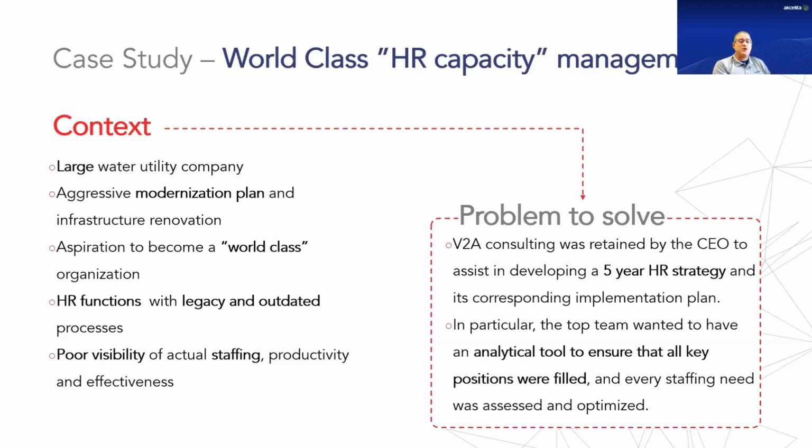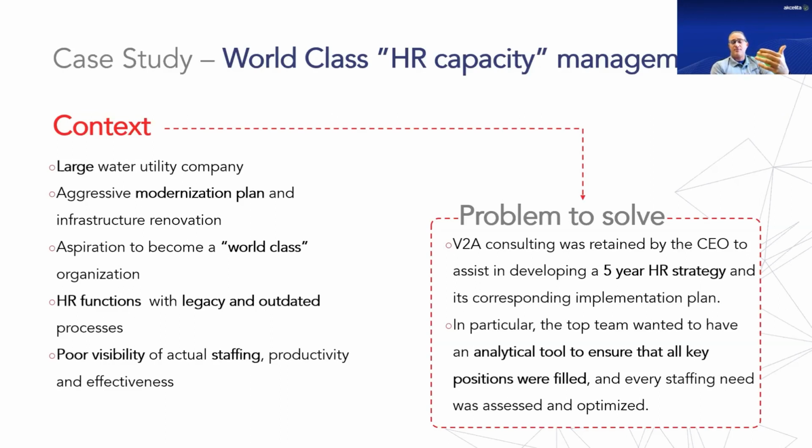But in parallel, the CEO had the aspiration to become a world-class organization. And one of the things that he said, and I remember that clearly, is, if we want to get there, we need to manage our people, our talent, in a very efficient way. And they didn't have visibility of the HR functions and how it was working. And that was one of the things that when we defined the problem, he told us two things.